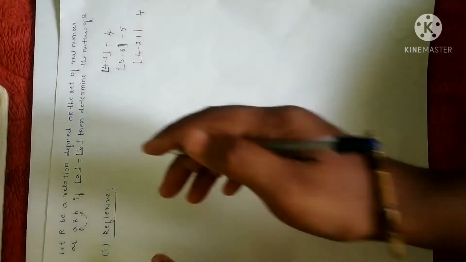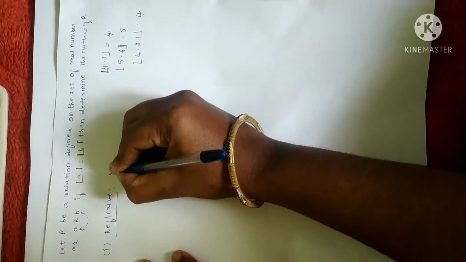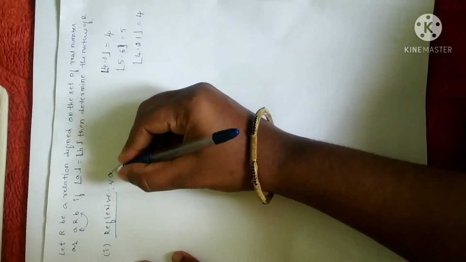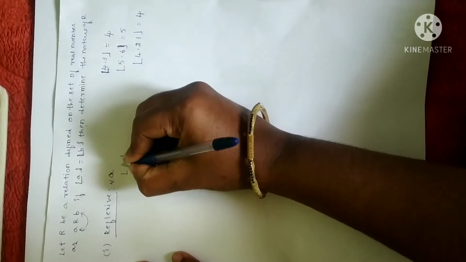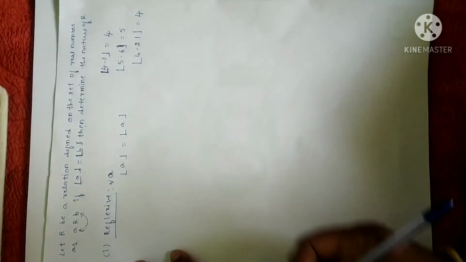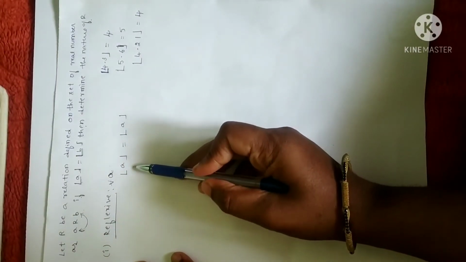As per the definition, in order to prove reflexive, we have to take only one element. Let me take an element A. We have to prove the floor of A is equal to the floor of A. If this condition is satisfied, then we can say R is reflexive.